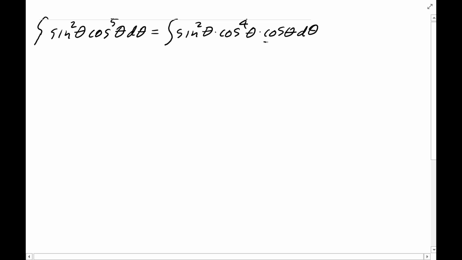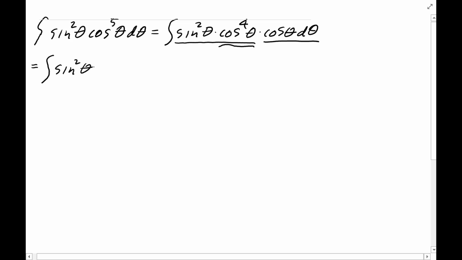So this cosine theta d theta is going to be the derivative of my substitution. That's the derivative of w. So what is w going to be? What trig function has a derivative of cosine of theta? Well, it's sine theta, right? So I want everything over here to be in terms of sine thetas. But this is a cosine to the 4th. Just like in the previous example, I can change that into sines by using that Pythagorean identity.